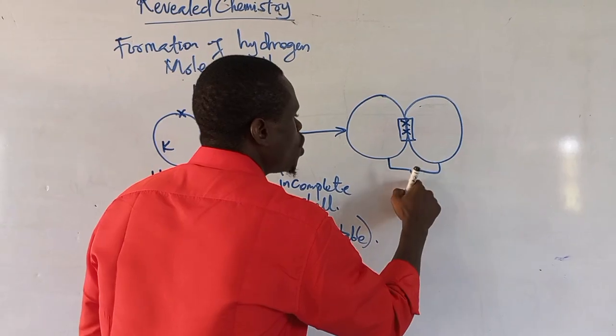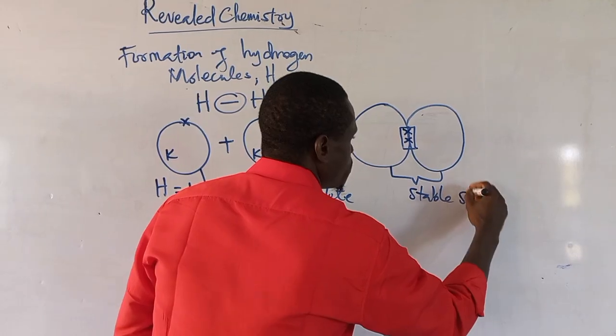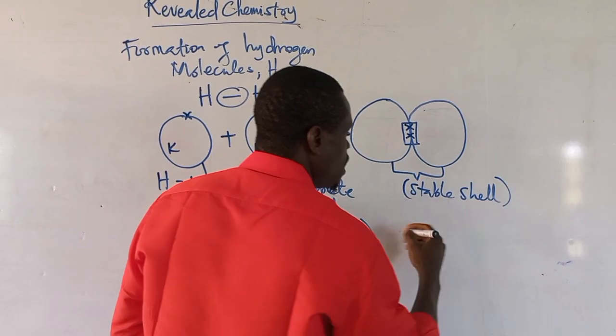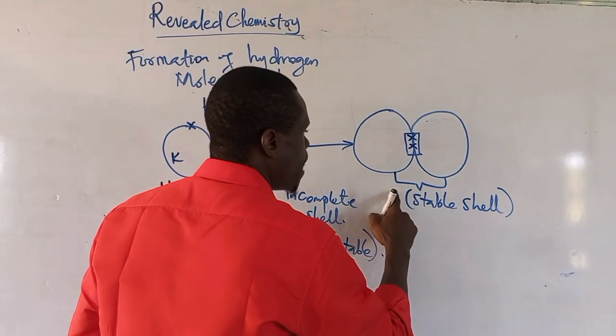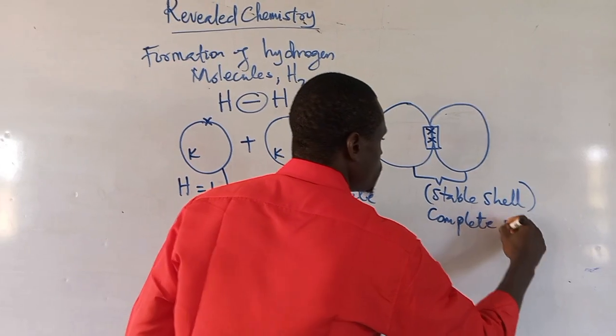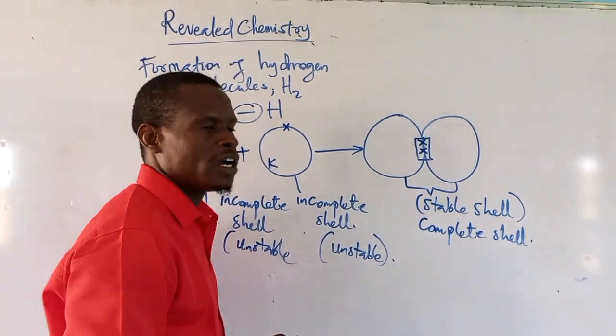So these shells become stable shells, or it can become a stable element. Thereby, we say that this is a complete shell because of their duplet state.